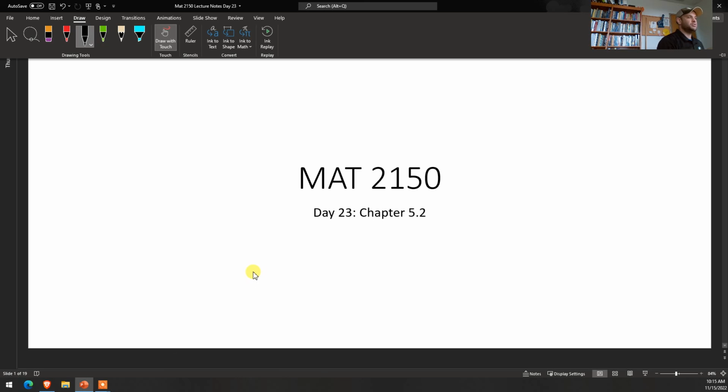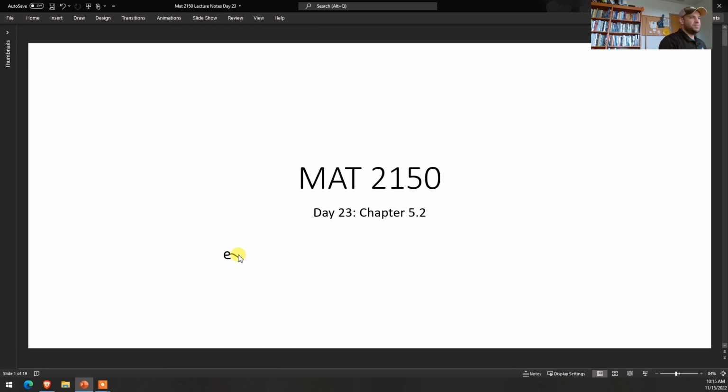Today, our topics will include exponential growth and decay, and as an application of integration, we will integrate those exponential growth and decay models.